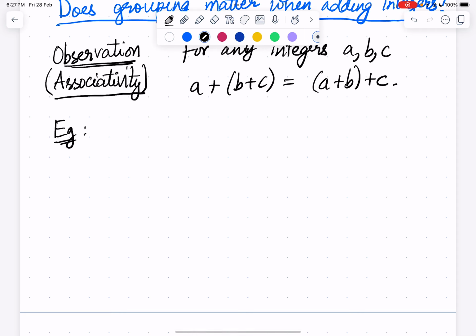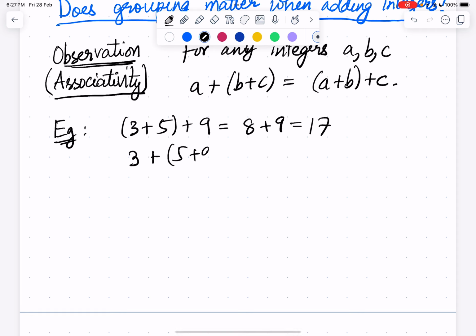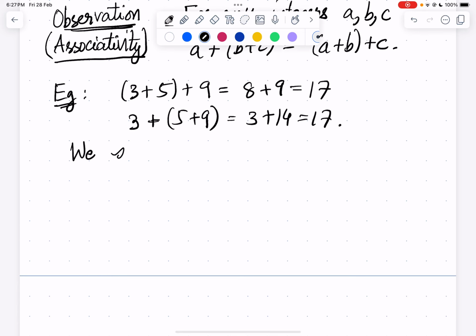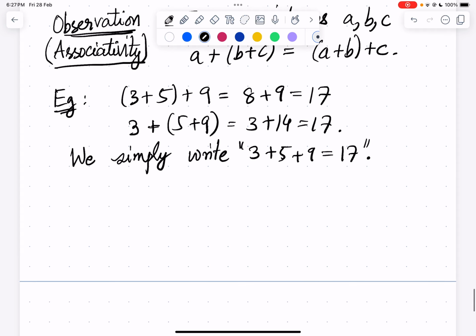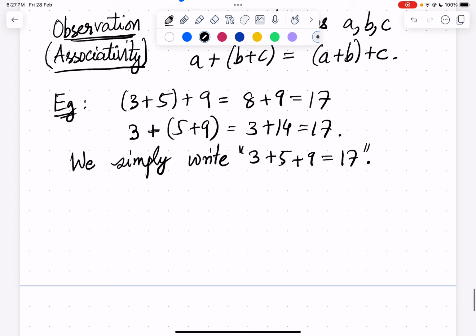For example, 3 plus 5 plus 9 is 8 plus 9, which is 17. 3 plus 5 plus 9 is 3 plus 14, which is 17. We simply write 3 plus 5 plus 9 equals 17, and we don't need to put any brackets, any kind of grouping. Whichever way we group and add, we will get the same result.